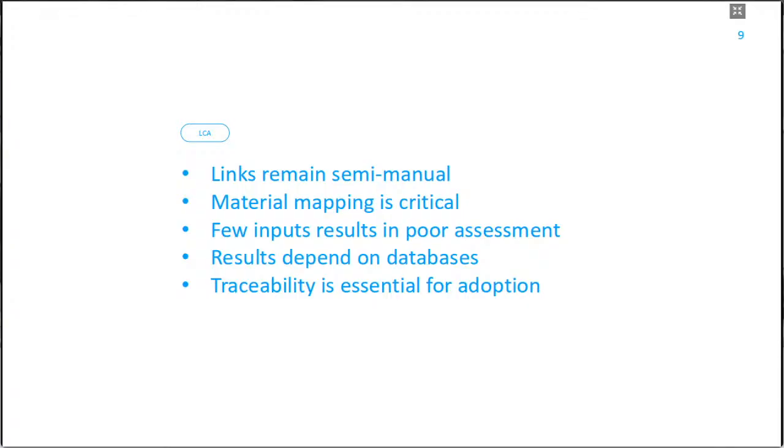And in early stage, if you don't have the right materials mapped, then you can get very wildly inaccurate performance. So material mapping is one of the most important parts of LCA analysis. And again, few inputs result in poor assessments.